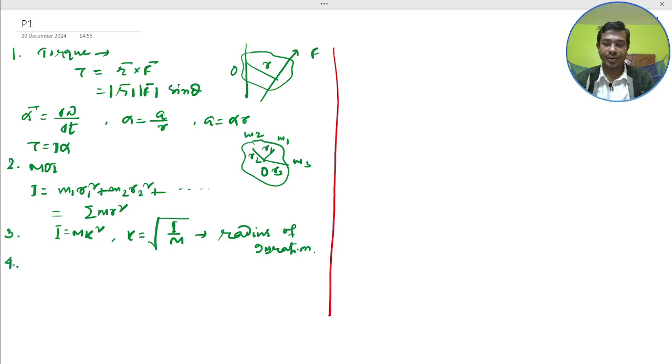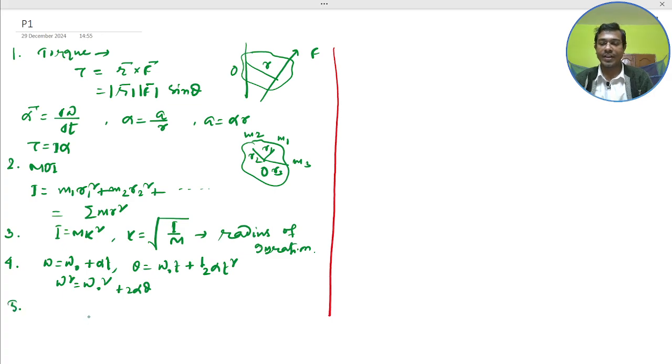Now next, the equations of rotational motion: omega equals omega naught plus alpha t, theta equals omega naught t plus half alpha t square, and omega square equals omega naught square plus 2 alpha theta.